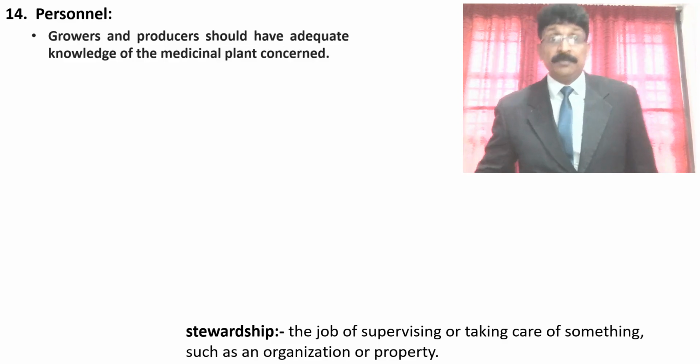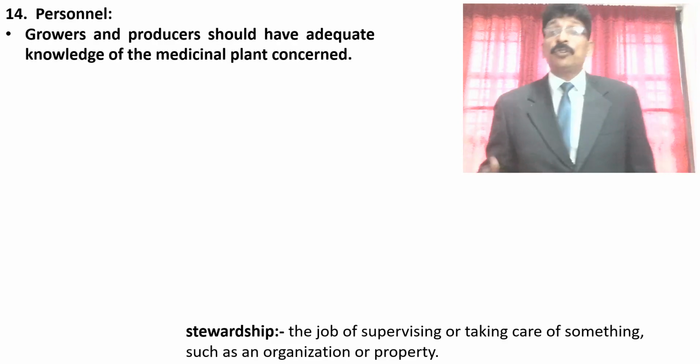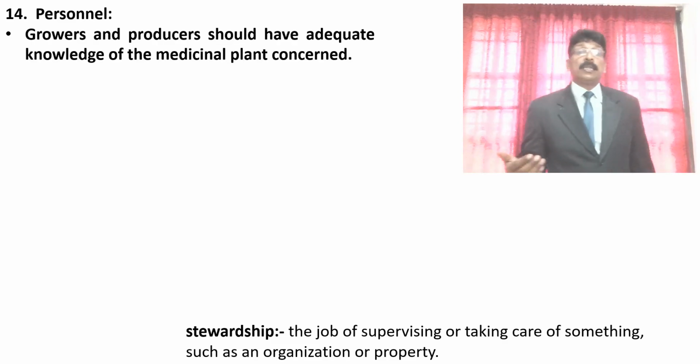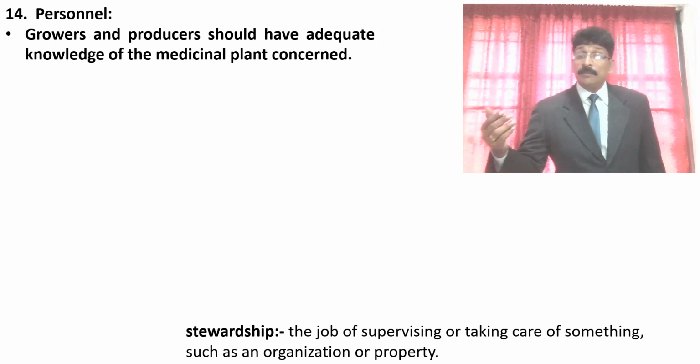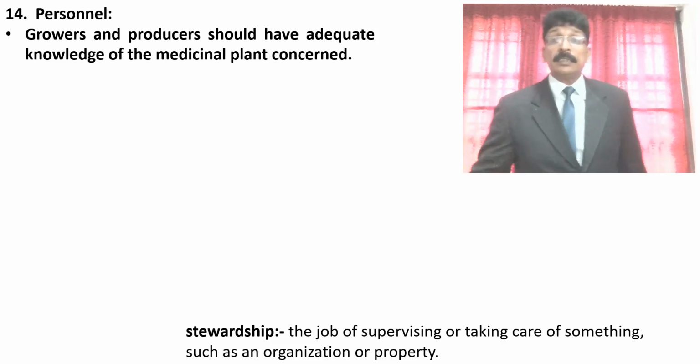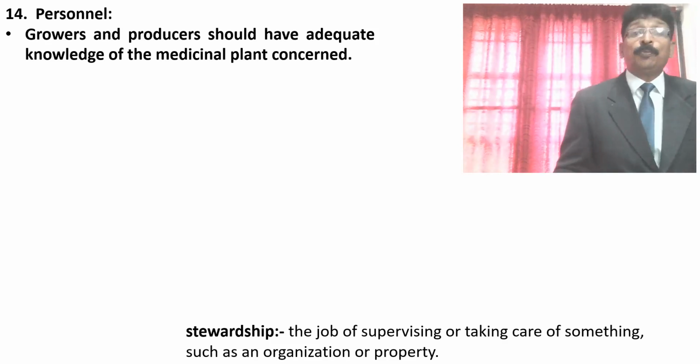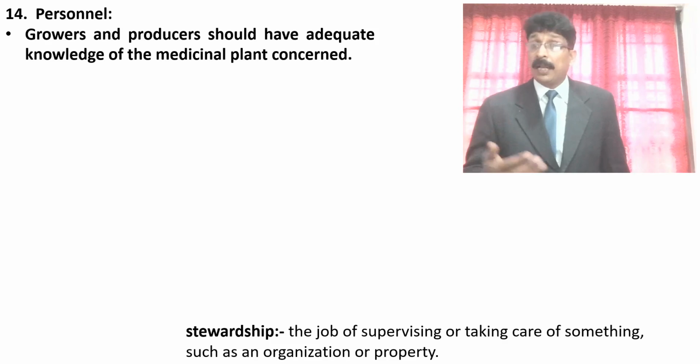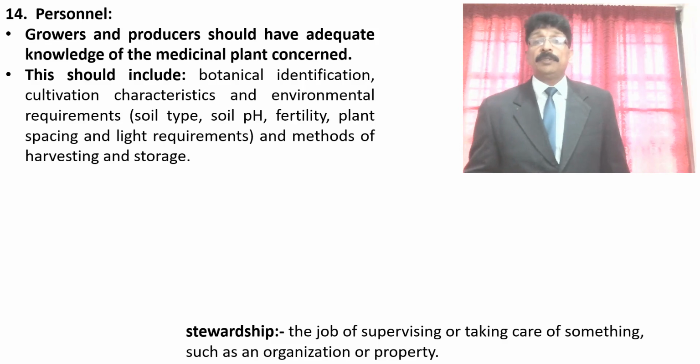Stewardship, because it's personal. When you talk about the 14th point, personnel, the growers, the workers or the researchers who are working should have adequate knowledge of the medicinal plant concerned during cultivation in good agriculture practice.